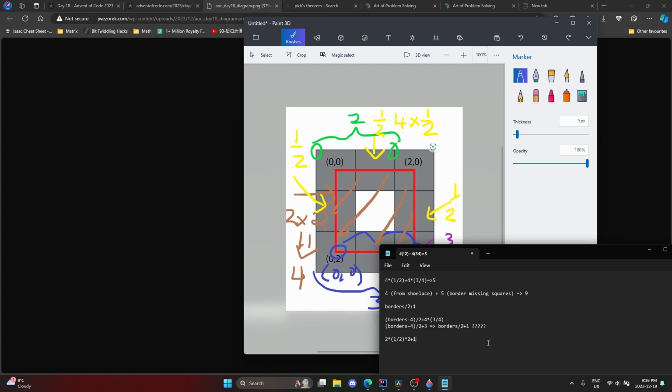This is like a little trick. I'm not really sure how to intuitively explain this. But then, once we have this, we can simplify some more.